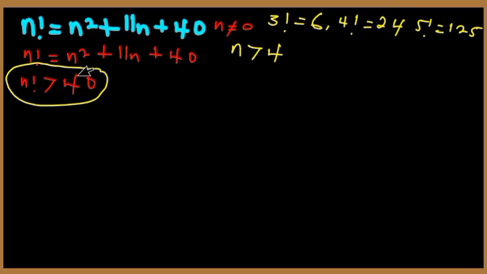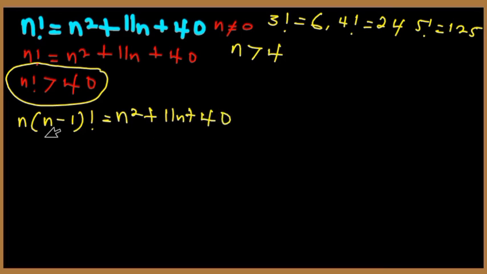Now let's move on. Let's consider the equation. This one can be written as n times (n minus 1) factorial equals n squared plus 11n plus 40. Now let's divide through by n. So this one divides n, this one too divides n, 40 divides n.